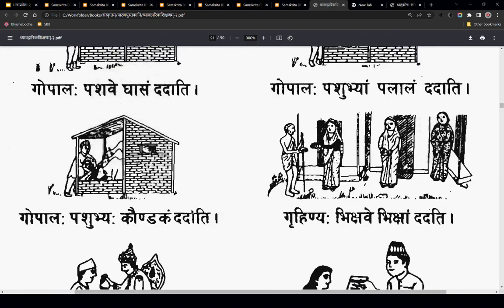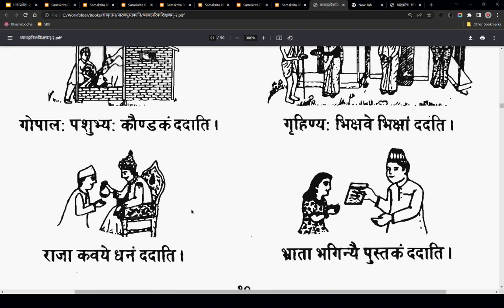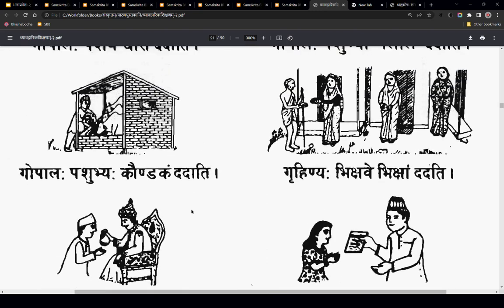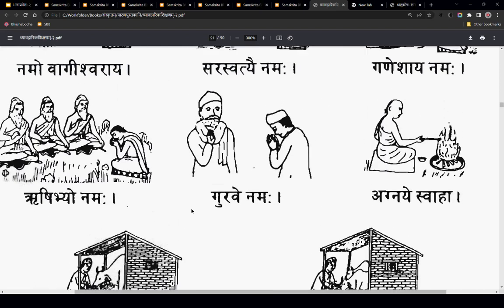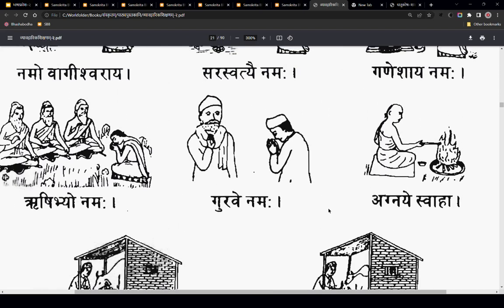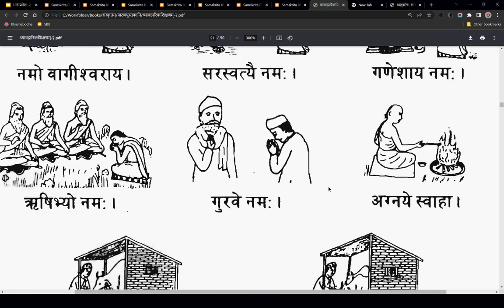Mahoday, what is the actual meaning of Swaha? What is the offering here? The Namaha is clear. Here he is giving greetings. What is the offering in Swaha? Swaha is used mainly in the yagas, right?